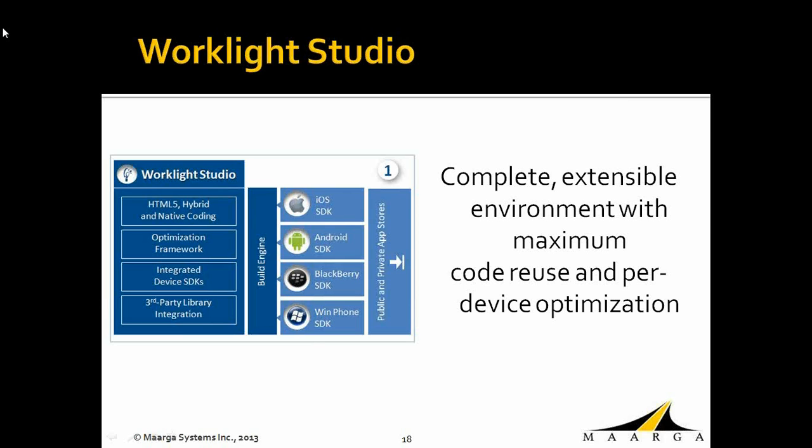Using the basic tools available on Eclipse, together with the various features provided by the WorkLight plugin, the WorkLight Studio streamlines the application development process and facilitates enterprise connectivity using the native or familiar web technologies.